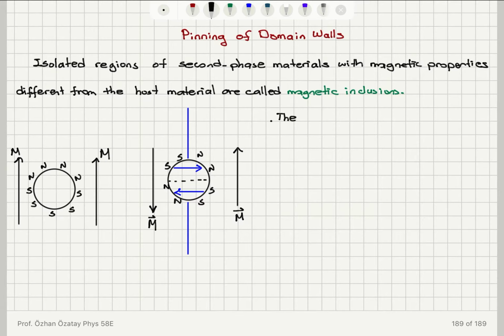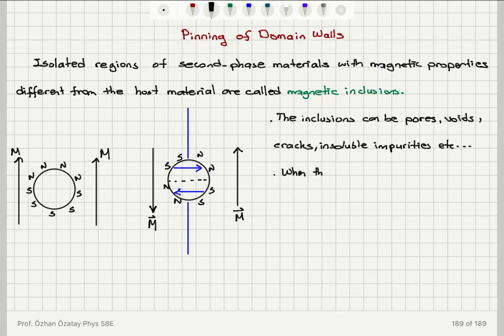So the inclusions can be pores, voids, cracks, insoluble impurity materials, impurities, etc.